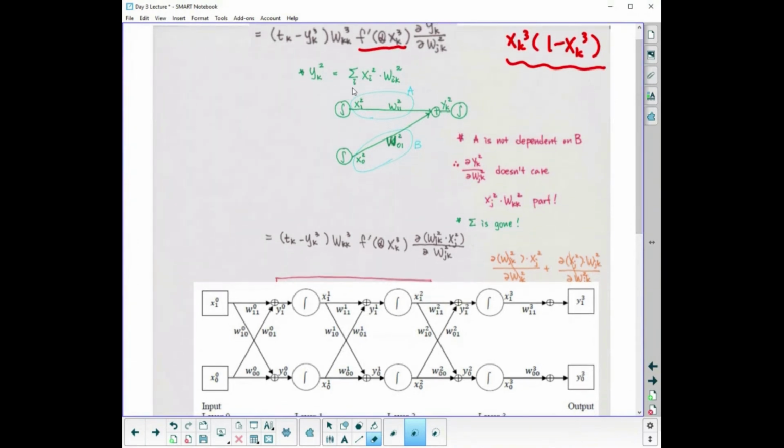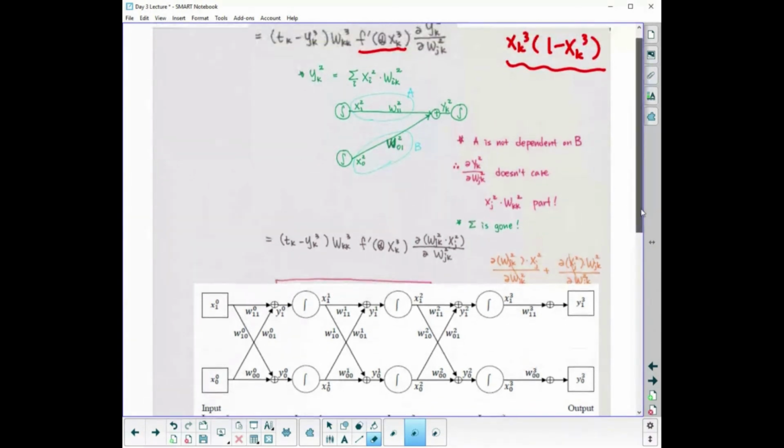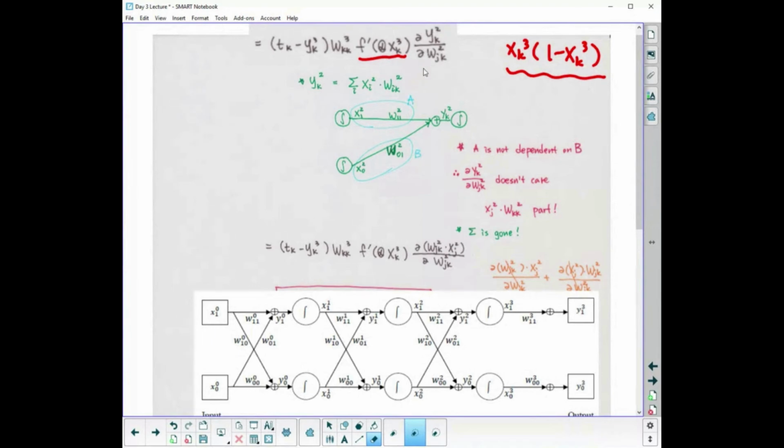That means we can take out the summation again. So I can rewrite this final partial to just the corresponding weight. This means if the wire is like 1, 0, you don't need to care about the 0, 0 part when you go to y02.